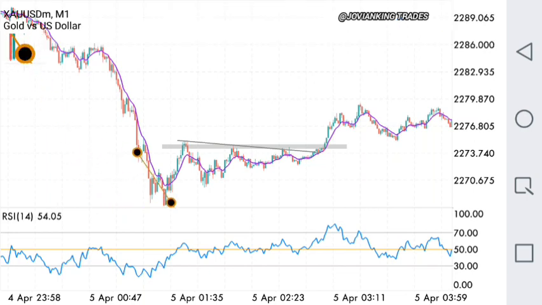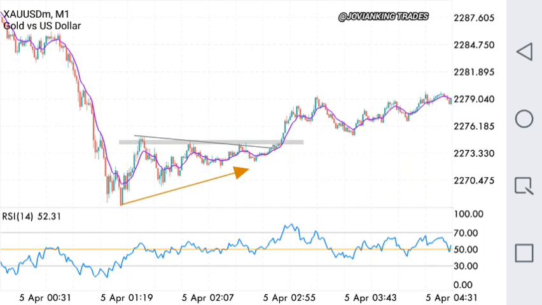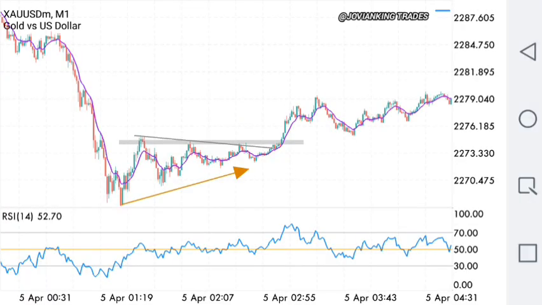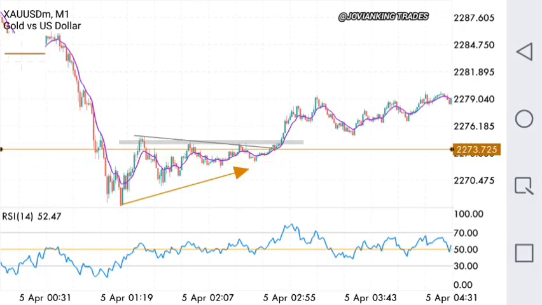You can notice that the market is just moving in this direction, pushing up all the way. So now, if this market wants to keep going higher, the market should not go below this particular area.